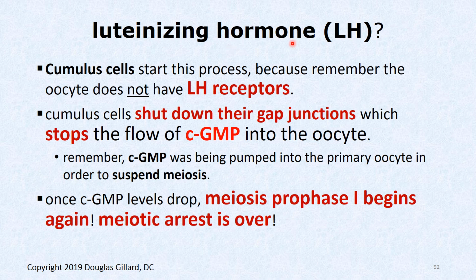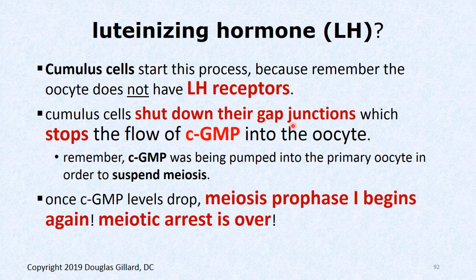So luteinizing hormone, and these cumulus cells are the ones who kind of start this. Let's get a little deeper into how this works, because remember, the oocyte doesn't have LH receptors. So how is that going to work if LH is the key, but we don't have receptors? The cumulus cells shut down gap junctions.